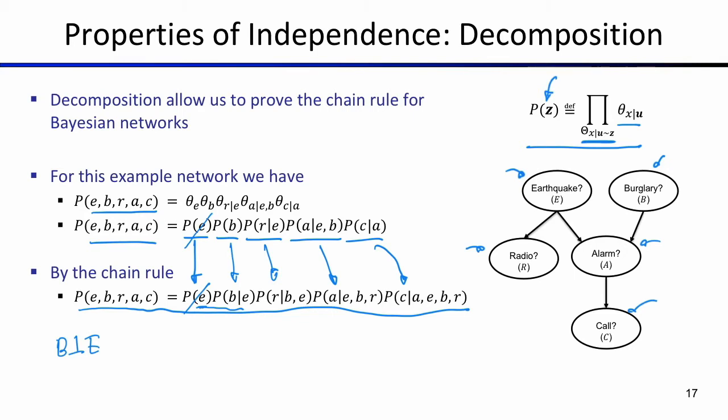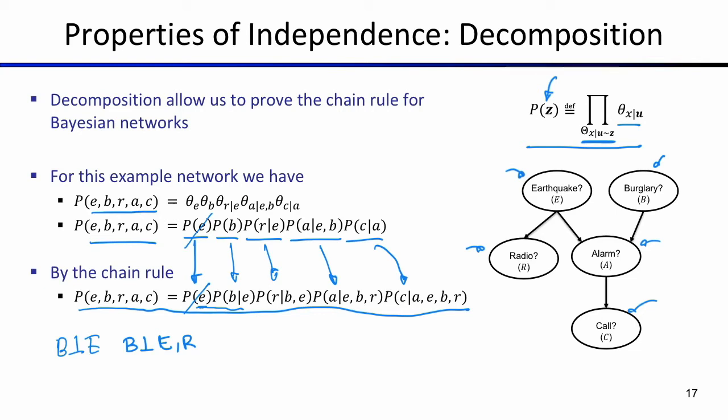Well, okay, so what we know is that B is independent. This is the Markovian assumption: B is independent of every non-descendant, there is E and R, given its parents. And B has no parents.